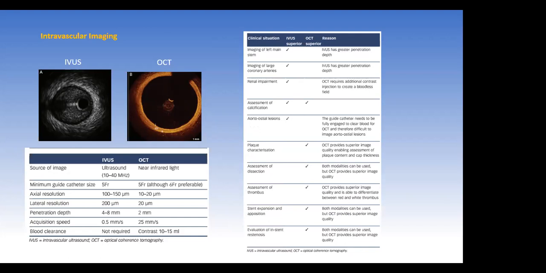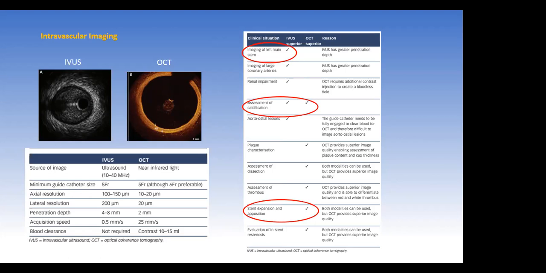What are the advantages of one over the other? IVUS, because of its data, is really good for left main diagnosis and the decision-making process for treating vessels going forward. Both are really good for assessment of the calcium, and OCT is really good for final details, i.e. stent expansion and apposition.